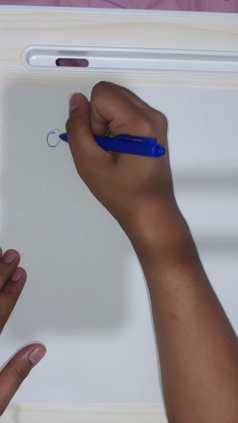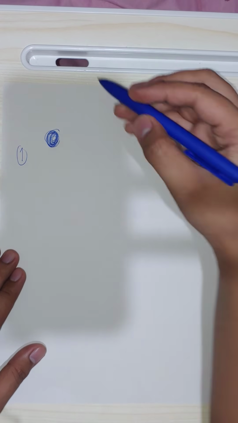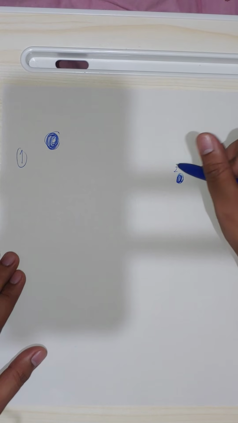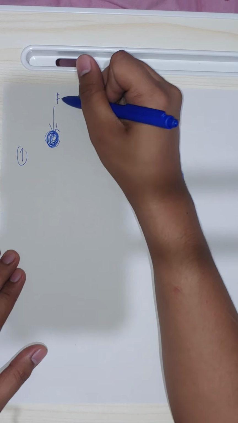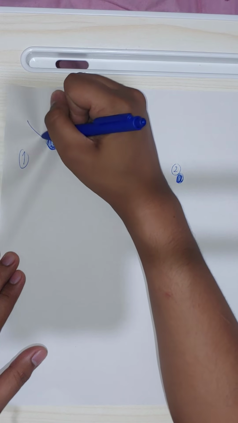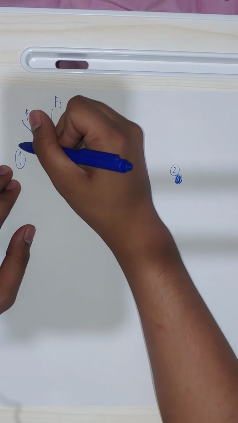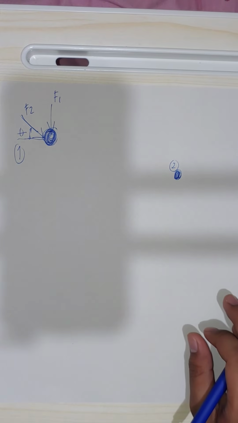How about another situation? Say this is a particle over here, this is our first position, and then we have our final position here. What if we have a force 1 acting on it, and then also a force 2 over here, with an angle theta here?